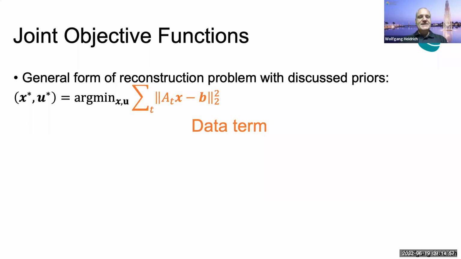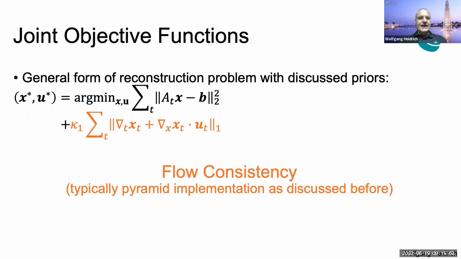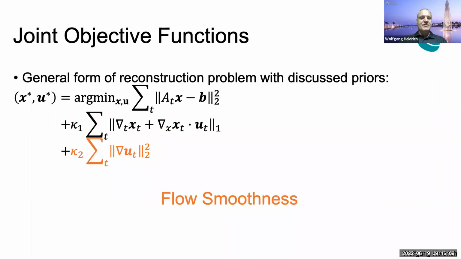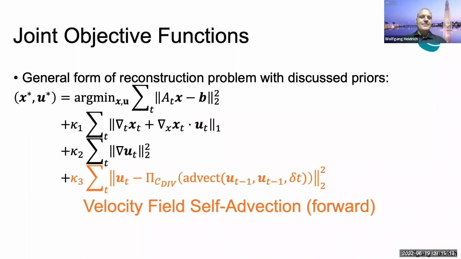All right, so basically, by putting this kind of incompressibility in, we now have the following optimization problem, which is an extension of what we've seen before. So again, we have our data term. We have flow consistency, which is basically the Horn-Schunck optical flow style term that we've seen before. We have smoothness terms for the flow. We have now the self-advection property, where again, we say that if we take the flow field and we advect it forward in time, it should be consistent with the flow field that we observe there.